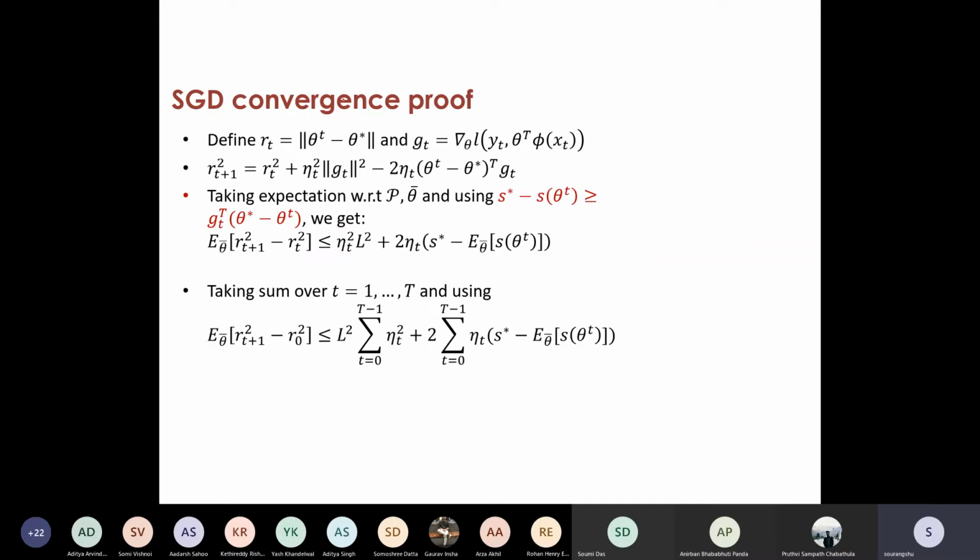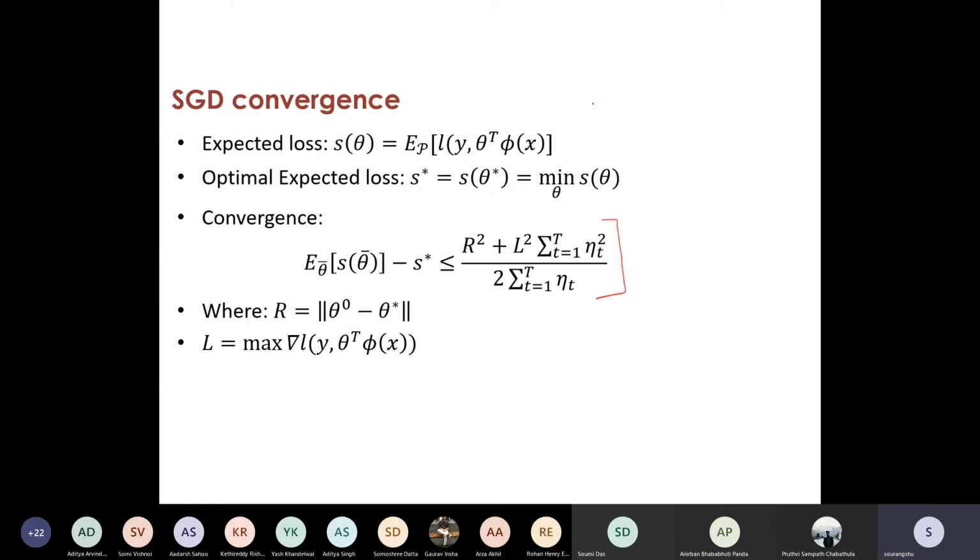In order to derive this upper bound, we consider this RT, which you can think of as a residual. This is theta t minus theta star. If you recall, S of theta is the expected loss, so you take the expectation of the loss with respect to the probability distribution, and theta star is the minimizer of the expected loss.